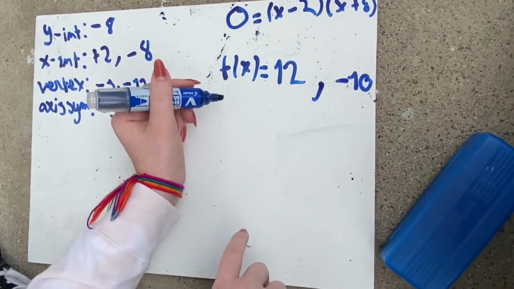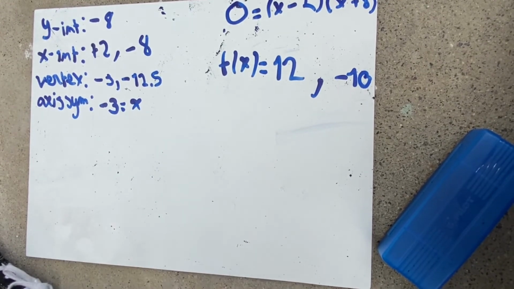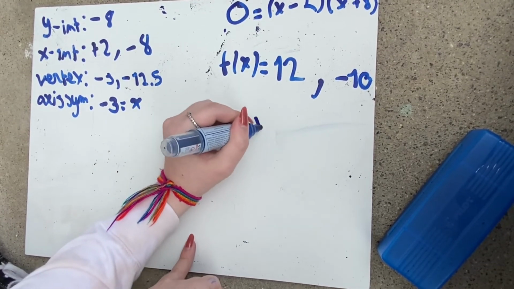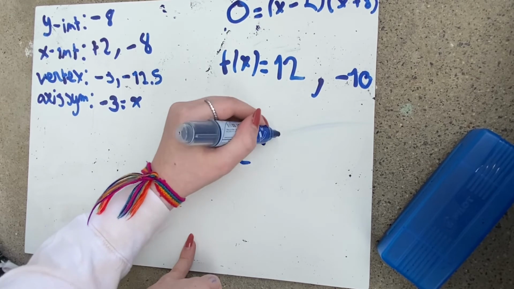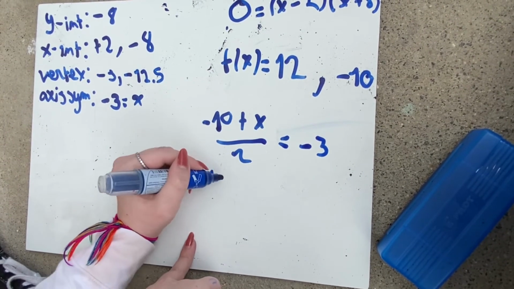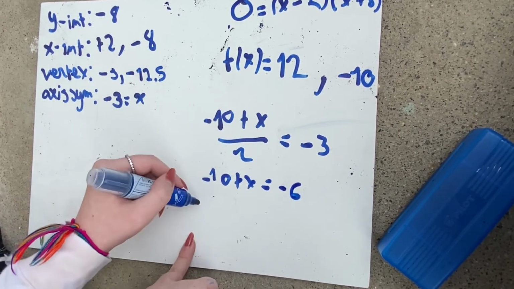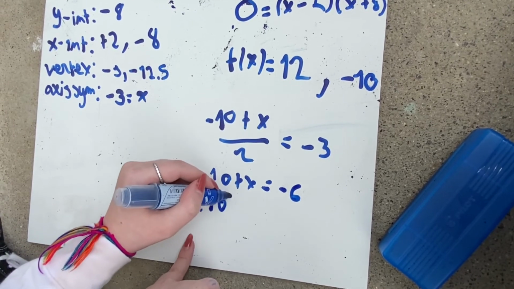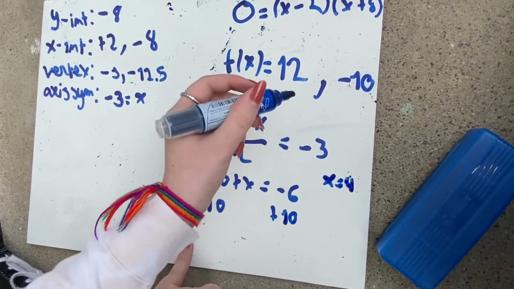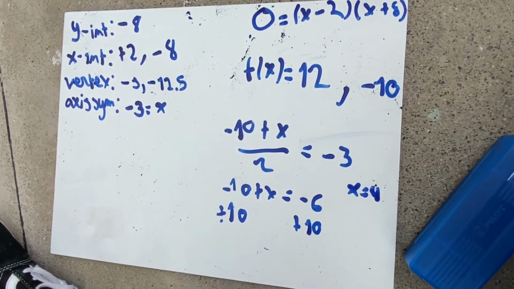What you would do, since you have the axis of symmetry, is write -10 plus the value that we're trying for, over 2, equals the axis of symmetry, which is -3. So -10 plus x equals 2 times -3, -6. Then plus 10 and plus 10, x equals 4. So you proved that if f of x was 12, the other value would be 4.